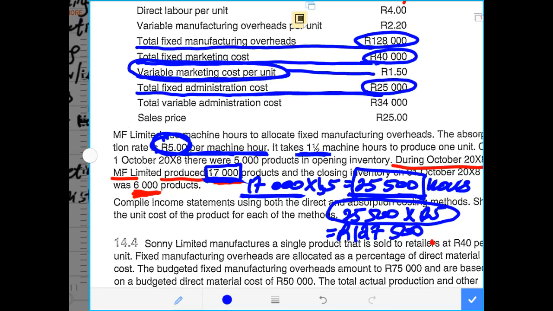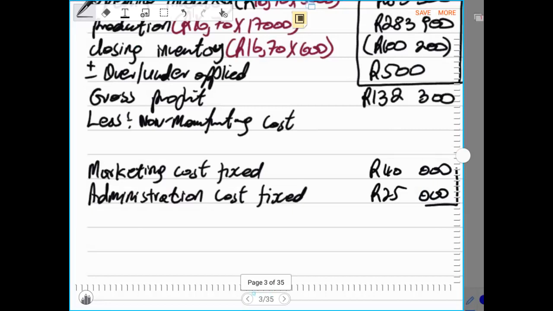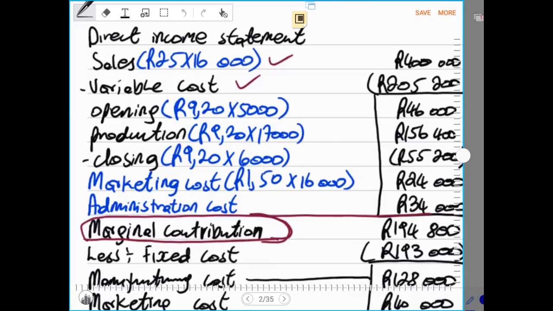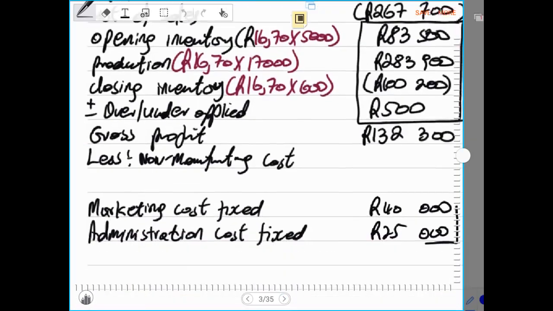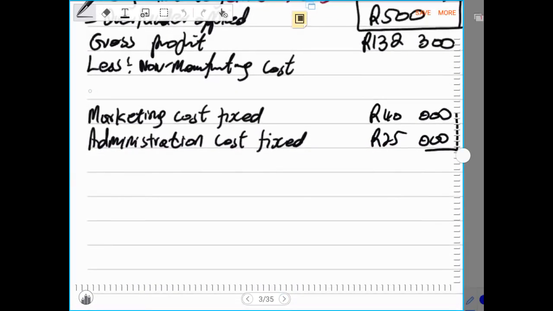So now this 150, which was already calculated as variable in the variable income statement, there it was marketing, that was variable. It amounted to 24,000 rands. That is the one that we take into account. Therefore now this will be 24,000 rands variable marketing cost.